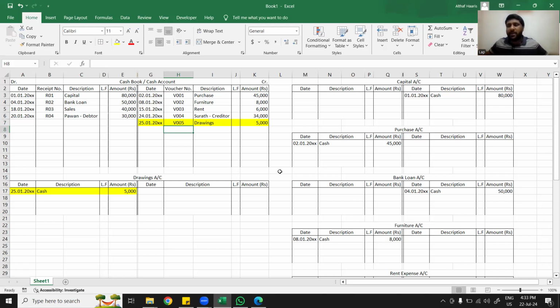Why drawings debit? Reduction of equity. Additional capital will increase the equity. Drawings will reduce the equity. Equity reduction, debit. We learned: increase credit, decrease debit.